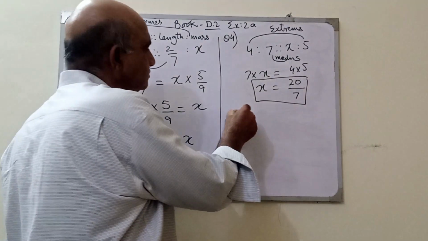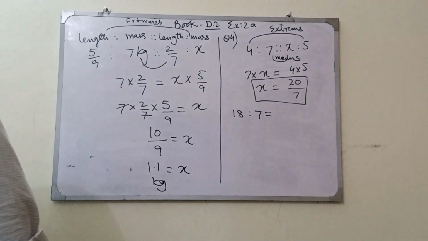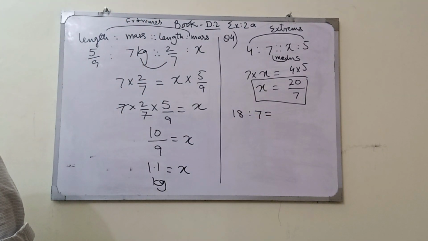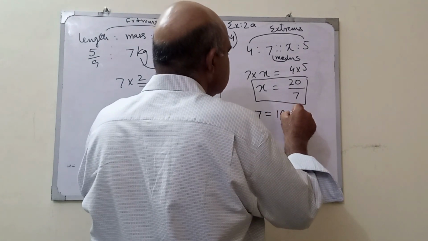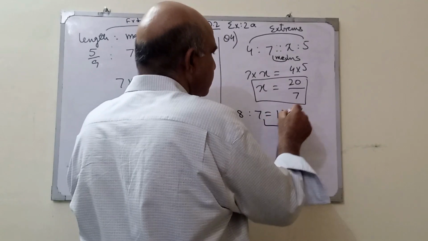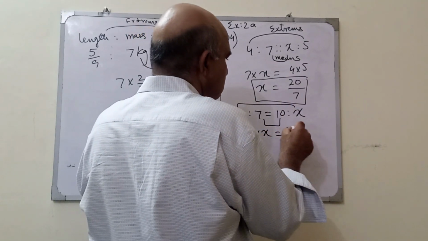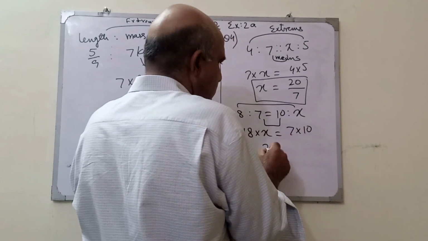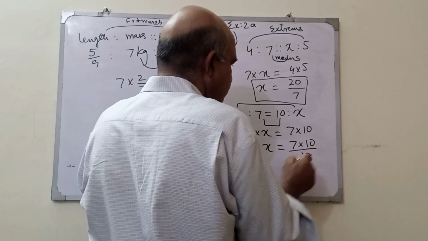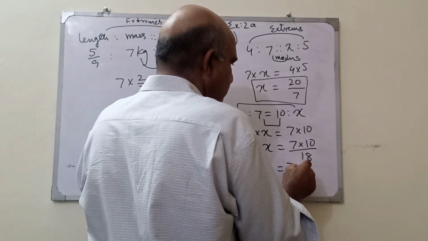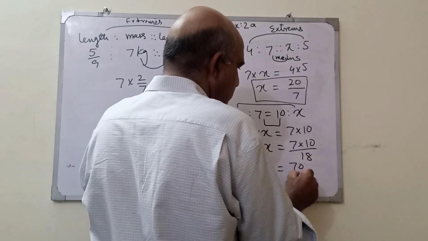18/7 is equal to the ratio 10/x. So what happens here? 18 into x is equal to 7 into 10. x is equal to 7 into 10 over 18. 7 tens are 70 over 18.